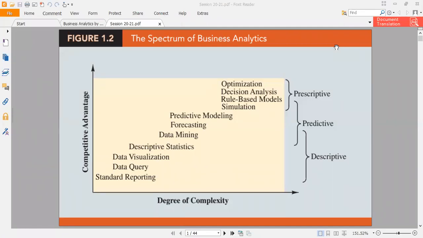And finally, in prescriptive analytics, based on the different models that you have built, you make decisions. Right now we are somewhere at this stage, dealing with forecasting, data mining, predictive modeling, these three things in the middle here.